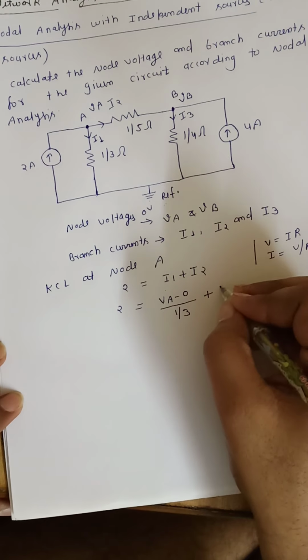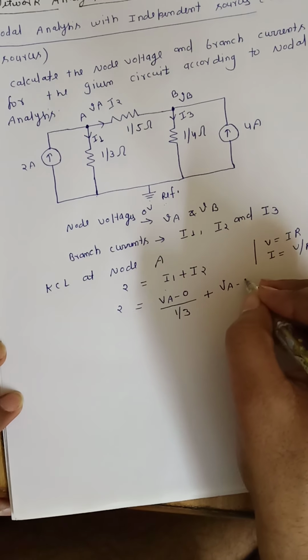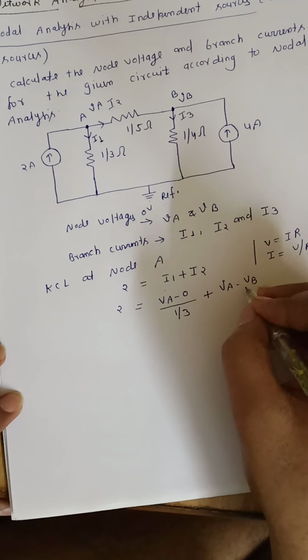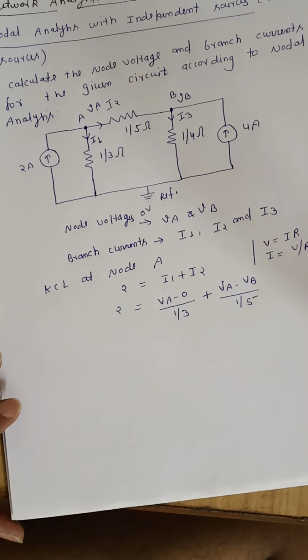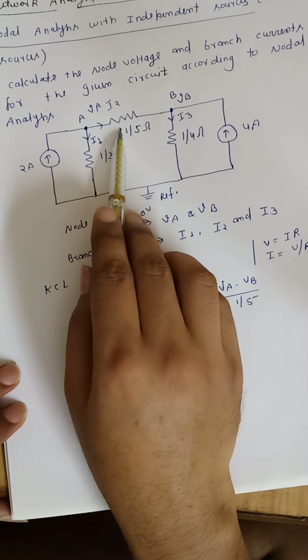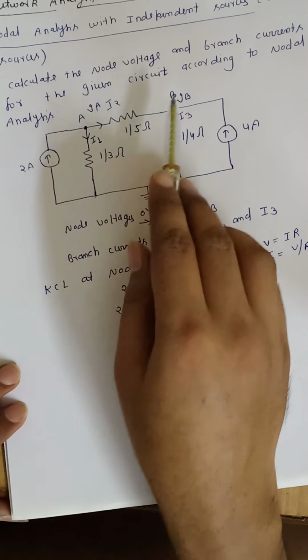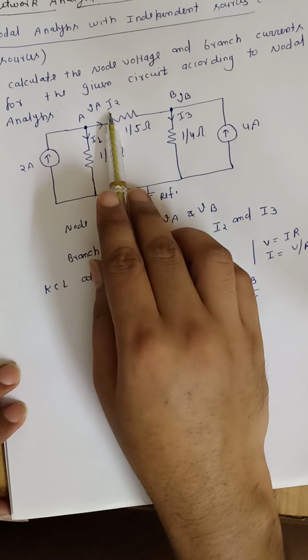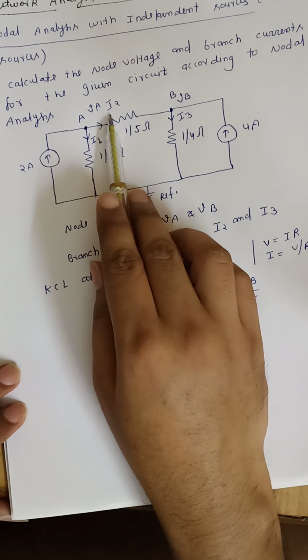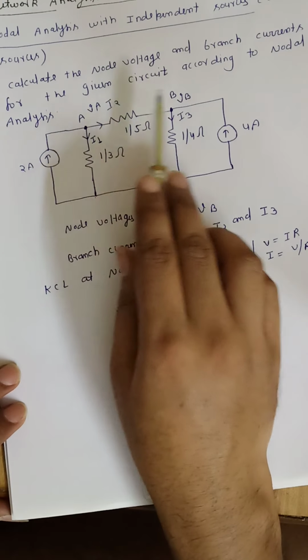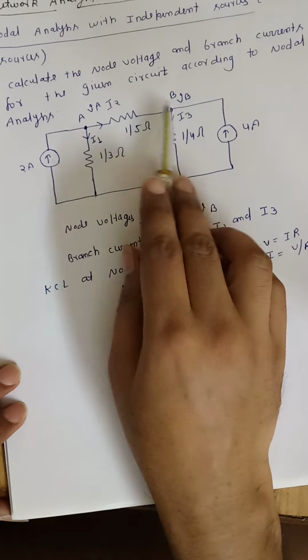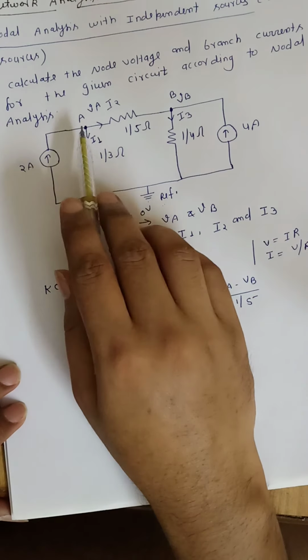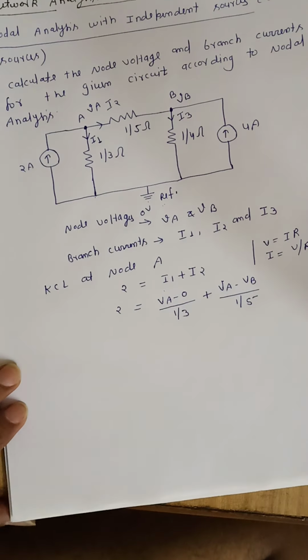So I2 becomes VA minus VB divided by 1/5. Because the resistor is connected between node A and node B, according to the direction of the current, we can say the potential difference becomes VA minus VB, because current will flow from higher potential to lower potential. That's why I2 becomes VA minus VB divided by 1/5.